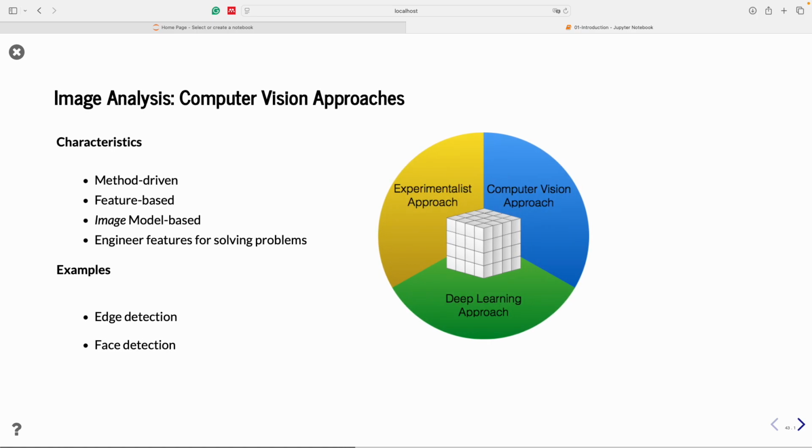If you go for the computer vision approach, then you have a more technical, method-driven approach. So you look for features in the image, what can you filter, what can you segment, and you take more of a signal approach to the solution. That could be, for example, edge detection, face detection, or something like that.